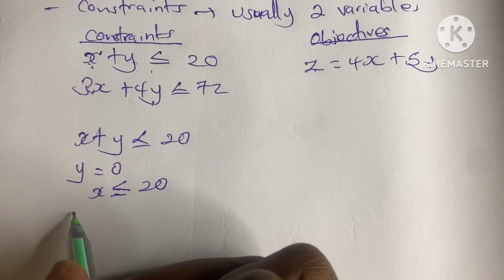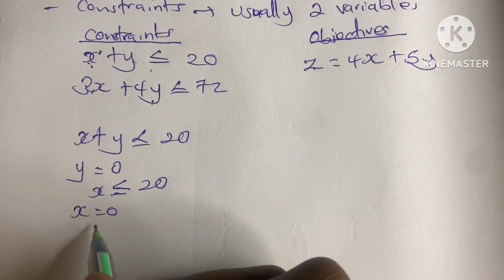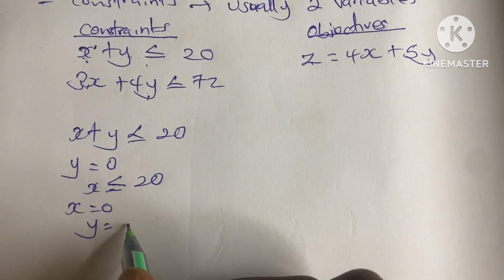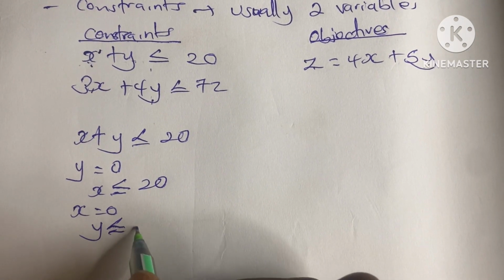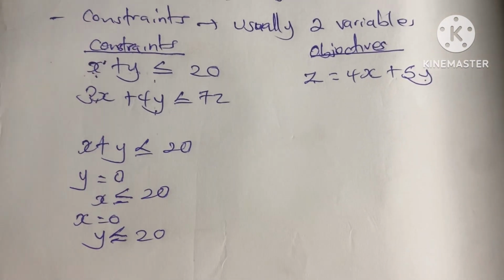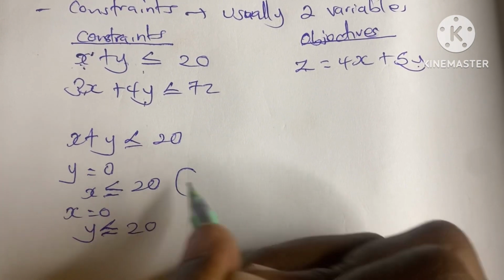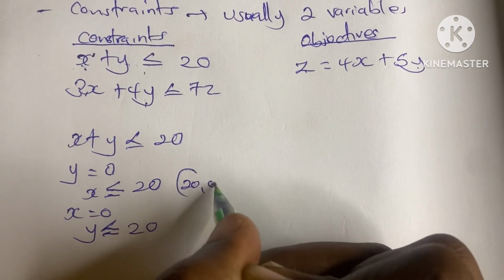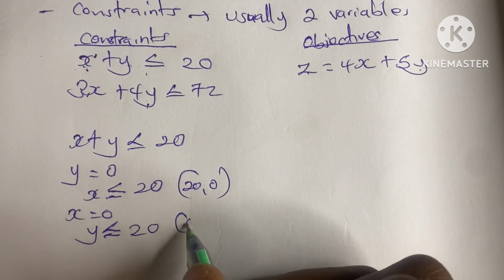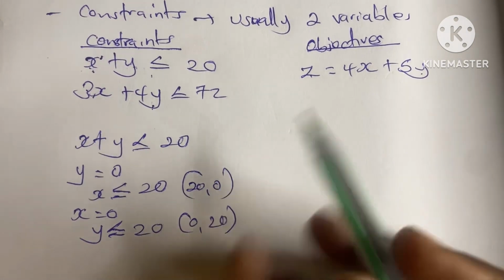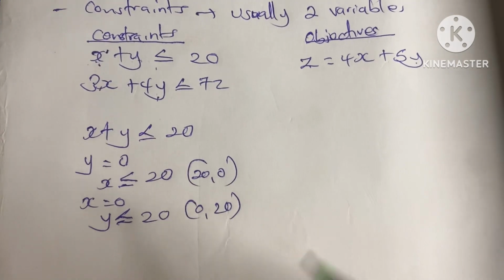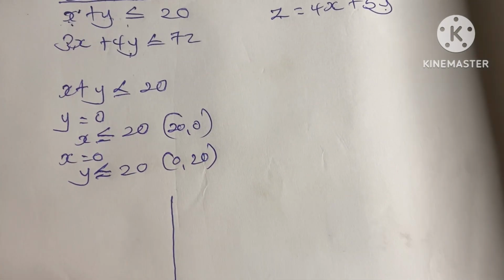Then when x is 0, y is going to be less than or equal to 20. Those are the points that we are going to plot on the graph.